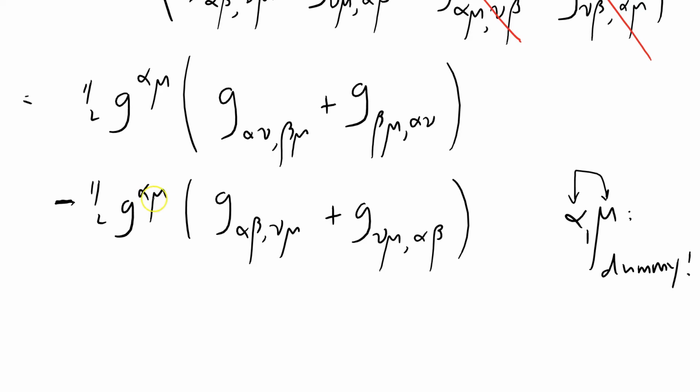So I'm going to swap over alpha and mu. There's a mu there which now turns into an alpha, and there's an alpha there which turns into a mu, and that was a beta.